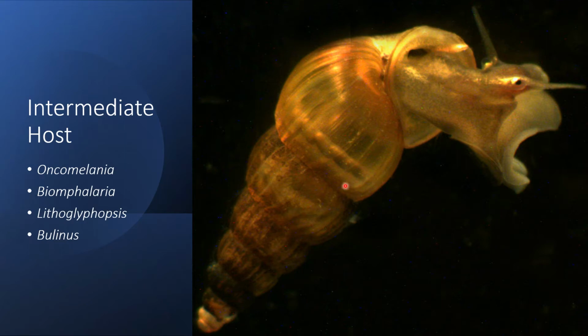Since the snail hosts, Bulinus and Biomphalaria, are quite bigger or larger compared to that of S. japonicum, they can produce more numbers of cercariae.